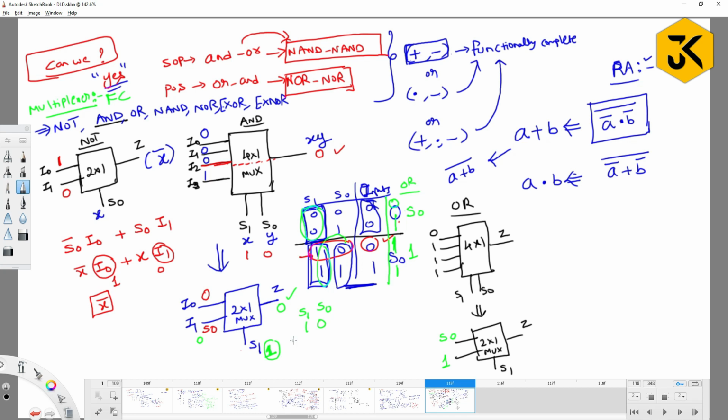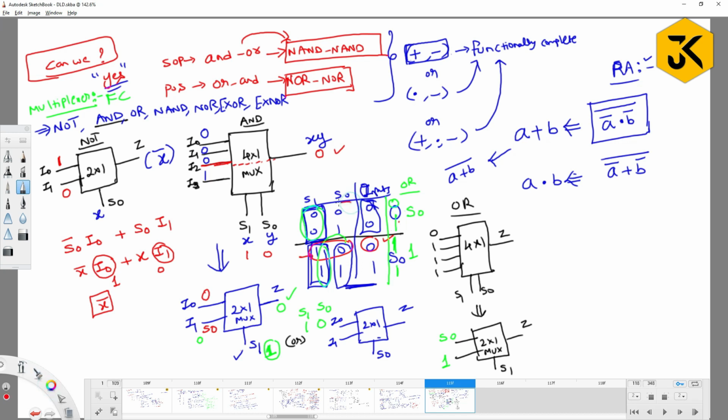No. The same thing can be rewritten like this. If I have a 2/1 MUX with I0, I1, this can be S0 also. Earlier I took this as S1, and now I take it as S0.